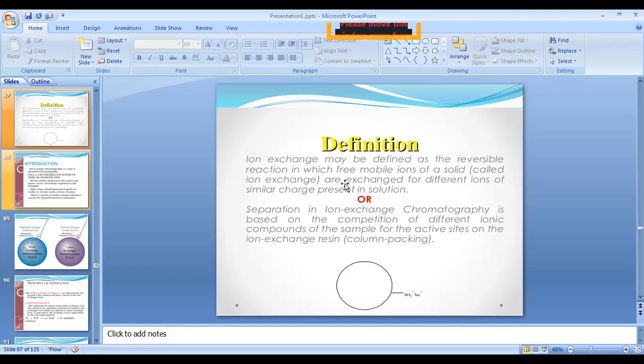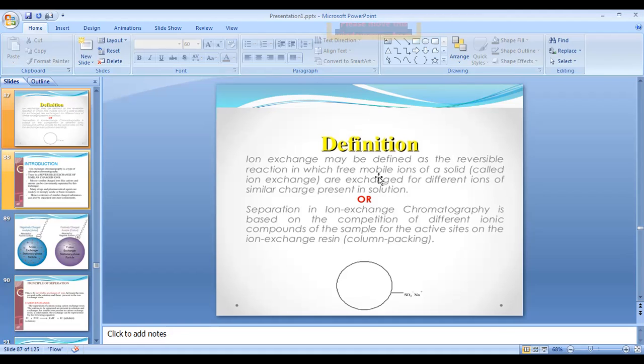Reversible reaction means first, when we introduce the sample solution or mixture on the stationary phase or column, whatever ions are present in that sample solution will be exchanged with ions of the resin or column. So that is the first reaction. And reversible means that is the second reaction. When does the second reaction happen?